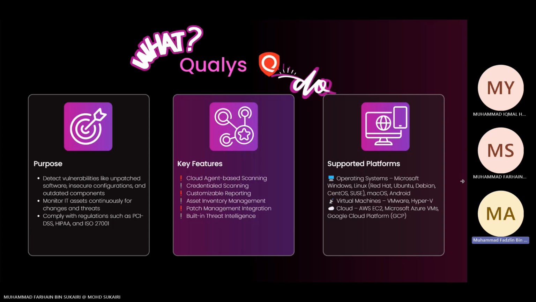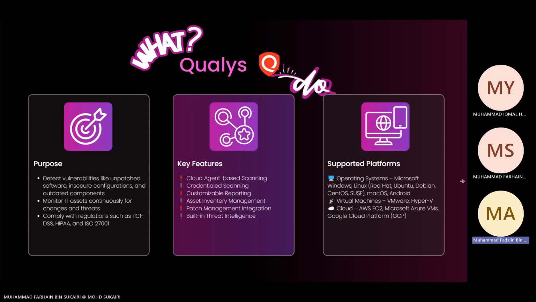The fifth one is patch management integration, which connects with ITSM tools to streamline vulnerability resolution. And the last key feature is built-in threat intelligence, which is real-time detection of emerging CVEs and exploits.